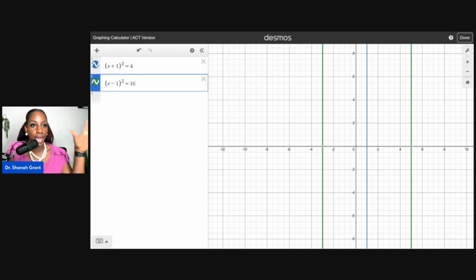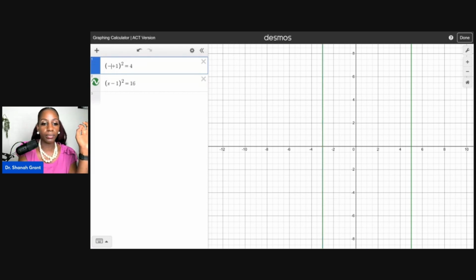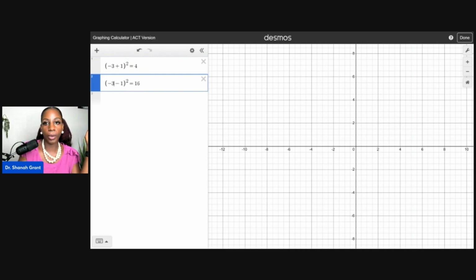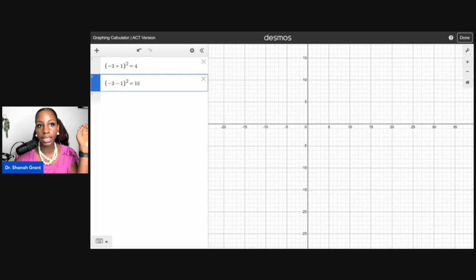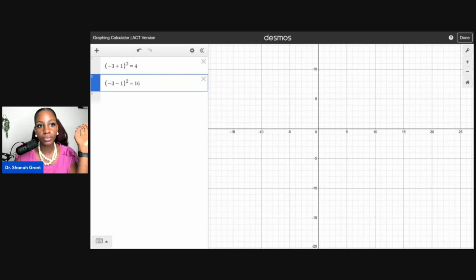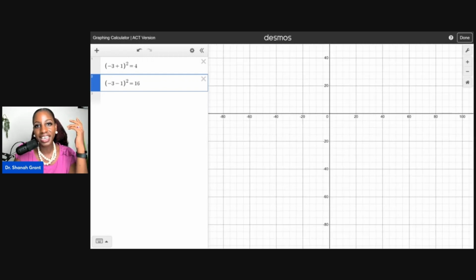What you could do now, using your Desmos calculator, is plug and chug. Option A was negative 3, so I'm going to plug negative 3 in for both of these. Actually, you don't even have to come to Desmos, if I'm being really honest with you.